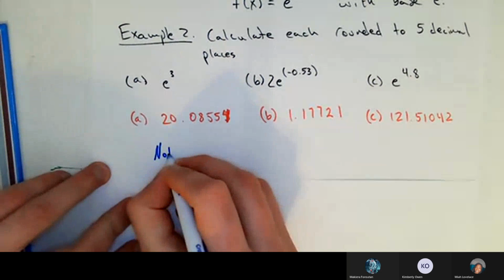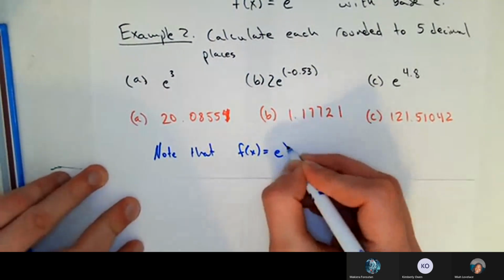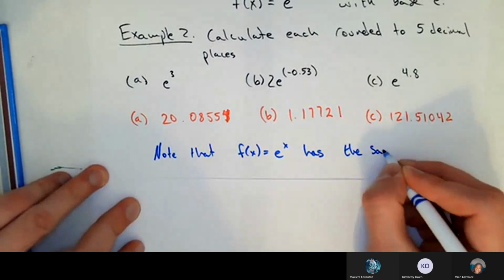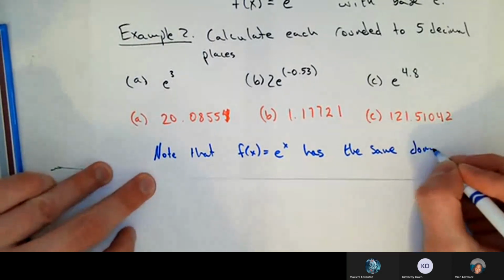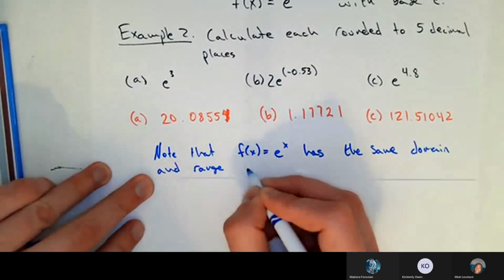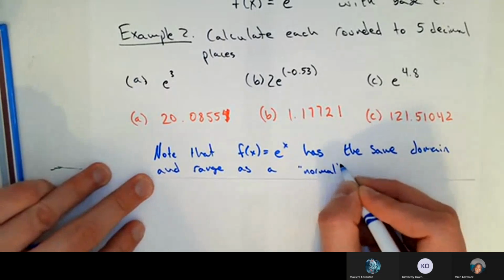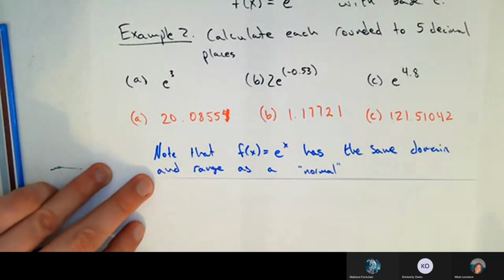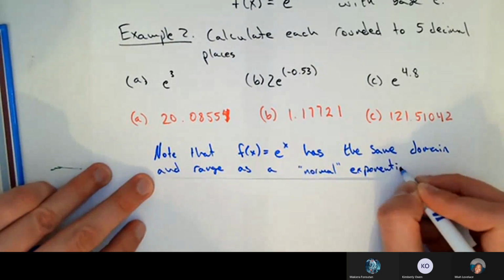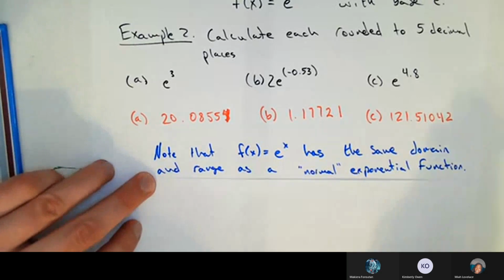So let's note that f of x equal to e to the x has the same domain and range as a, quote, normal exponential function, something like 2 to the x or 3 to the x, the ones that we investigated this whole week pretty much.